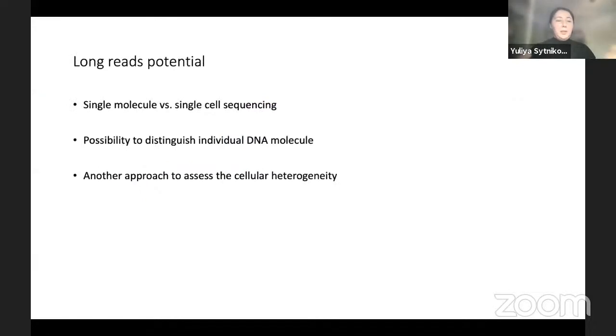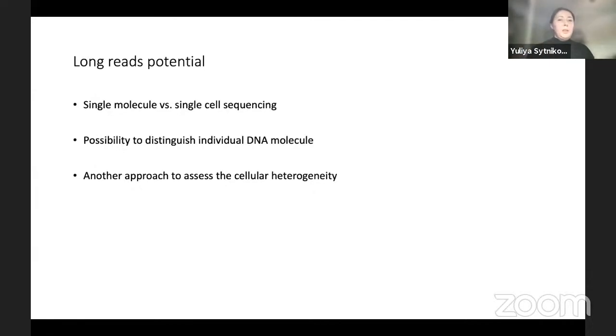This approach, long reads, allows us to profile modifications anywhere in a long fragment of DNA, which could be multiple kilobases or even up to a megabase, and this gives us such a concept as single molecule sequencing.